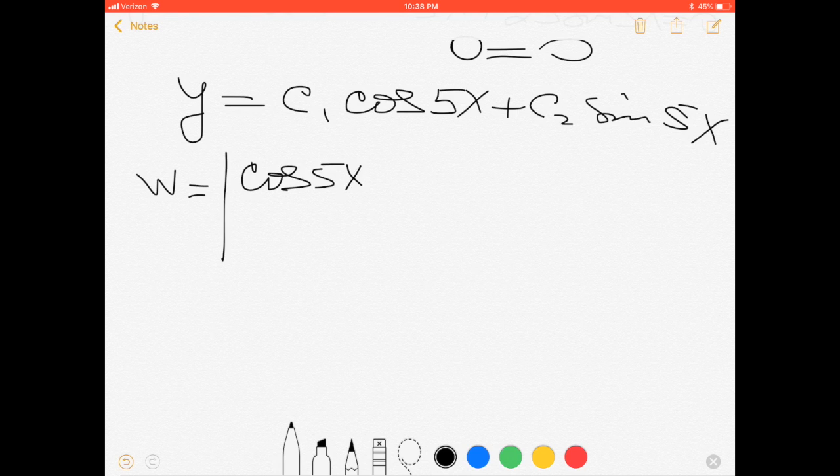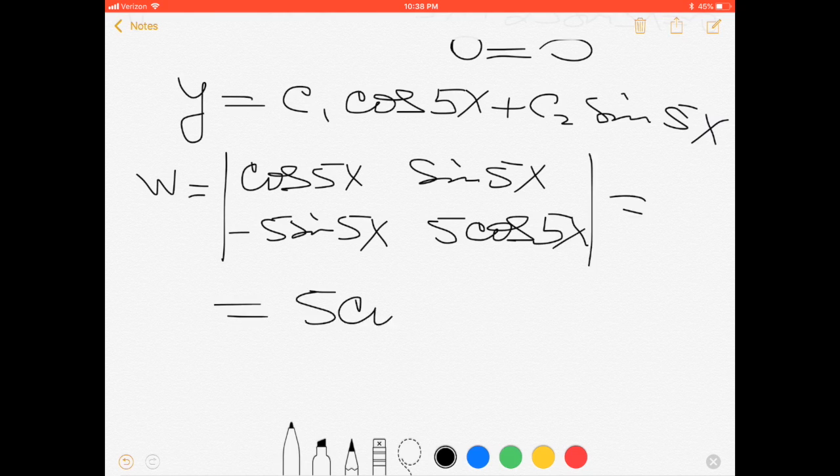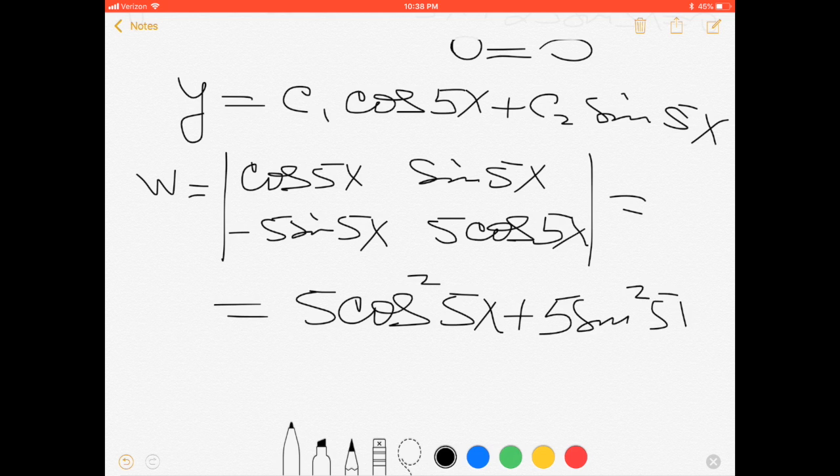cosine 5x, sine 5x, derivatives minus 5 sine 5x and 5 cosine 5x, and we have 5 cosine squared 5x minus negative 5, this means plus 5 sine squared 5x.